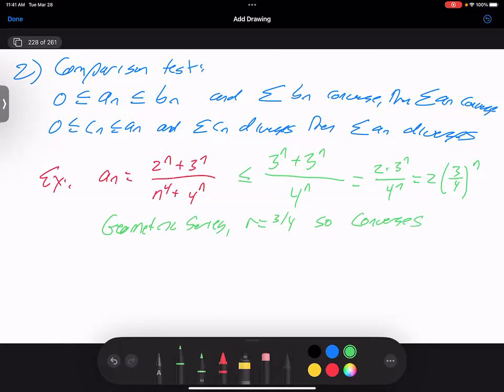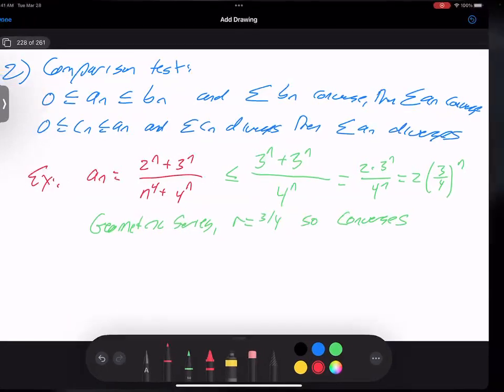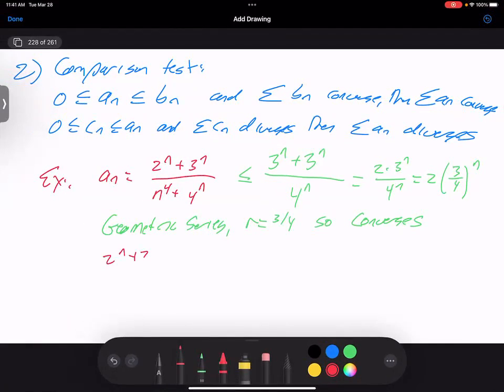Now, what I could have done is I could have tried to find something smaller, right? Maybe I think it diverges. I could have said, 2 to the n plus 3 to the n over n to the 4th plus 4 to the n. Well, let's try to find something smaller than this.